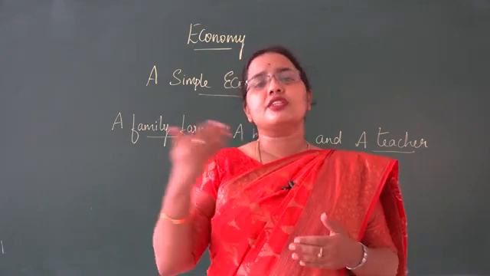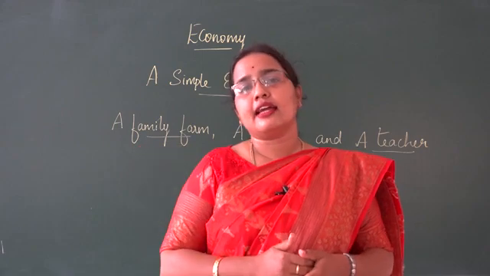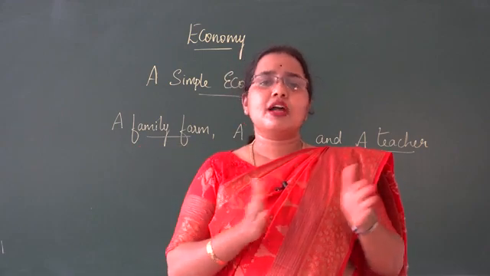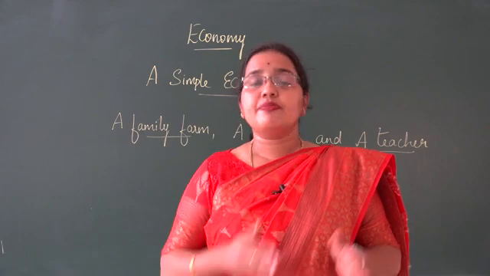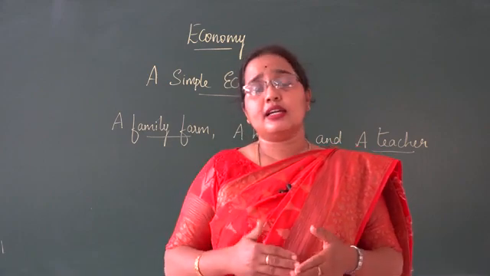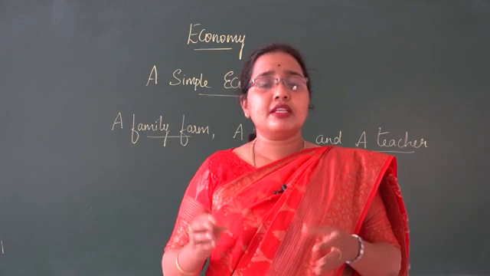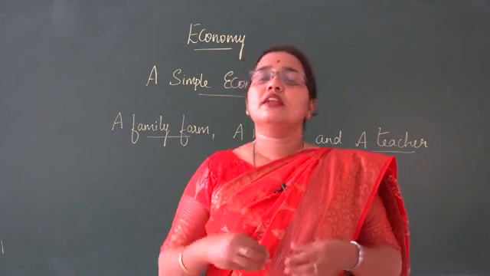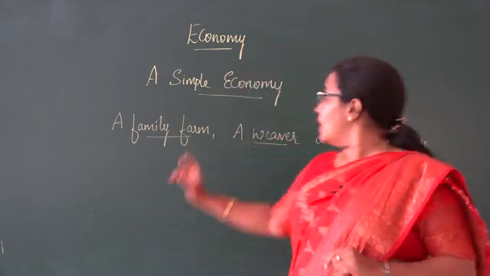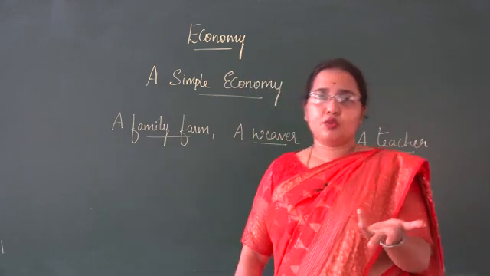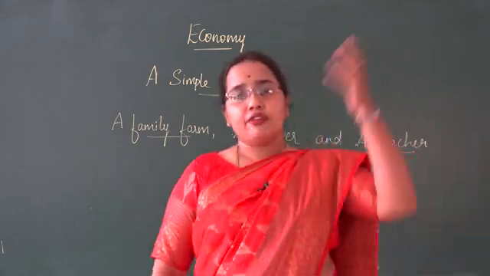Let us understand what resources a family farm may own. Usually a family relying upon agricultural activity, especially small and marginal farmers, may own a small plot of land, a pair of bullocks, other farming implements, some grains, and the labor service of their family members. Likewise, a weaver. What may a weaver own? Can a weaver own a very big house?